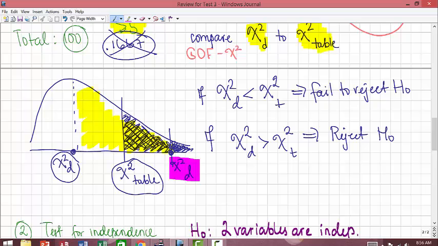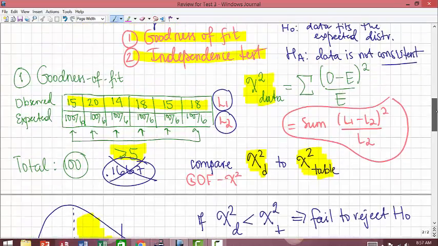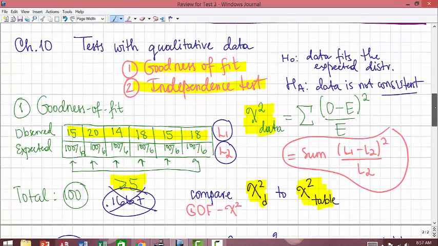So that's equivalent to saying that p-value is small. We reject the H0. That means the observed values don't exactly follow the expected distribution. Okay, so this is your test for goodness of fit. How well does the observed data fit our expected distribution?